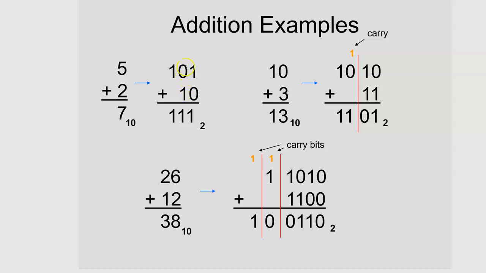From the rule, a 0 and a 1 is a 1. And then right here, I just bring the 1 down. So this is a binary 5. This is a binary 2. And if I add a binary 5 and binary 2, applying the rules, you see I get a 1, 1, 1, which if you convert that to decimal, you'll get 7. So you see that those rules actually do work.